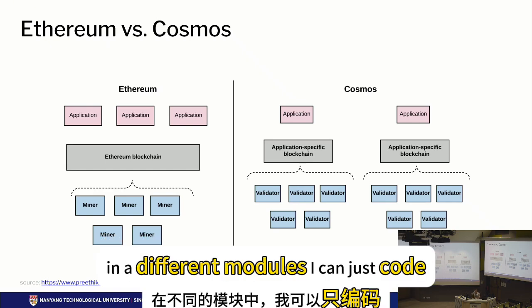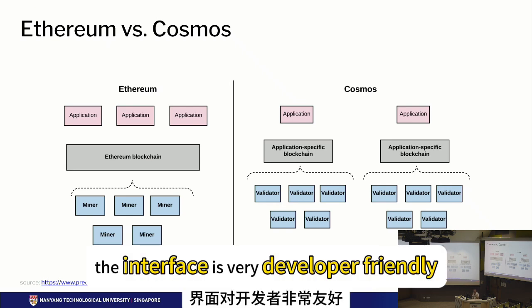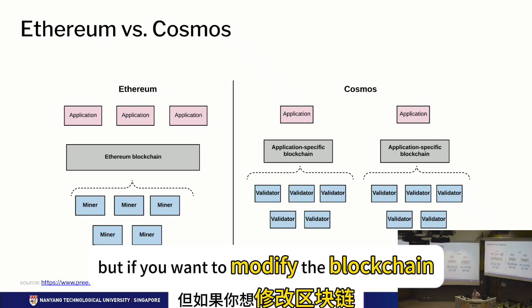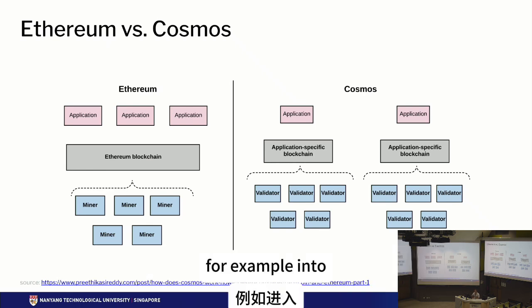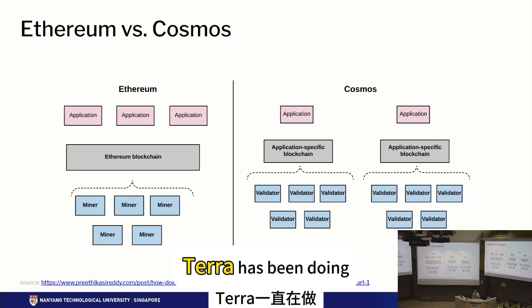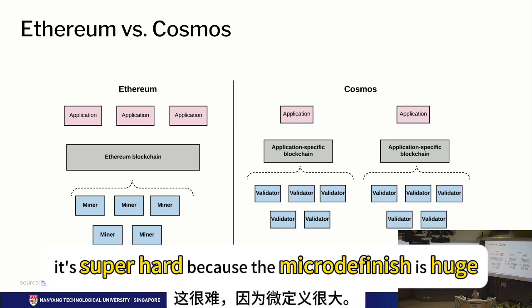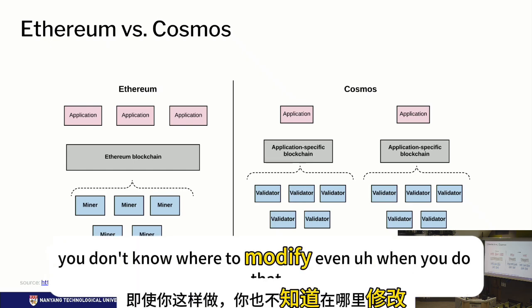I can just code on top of the big modules. The interface is very developer friendly. But if you want to modify the blockchain, for example into a layer one, like what Terra has been doing, it's super hard because the macro definition is huge. You don't know where to modify.